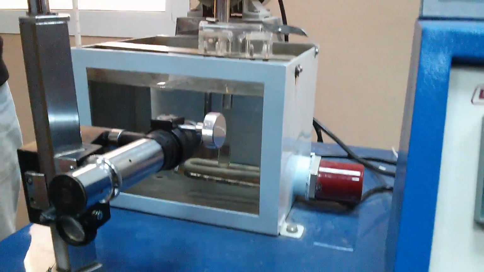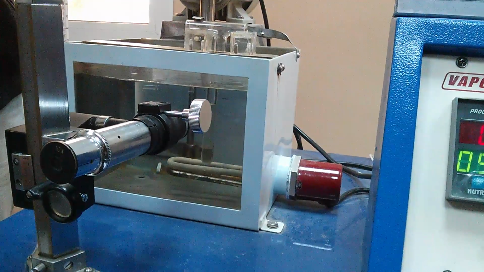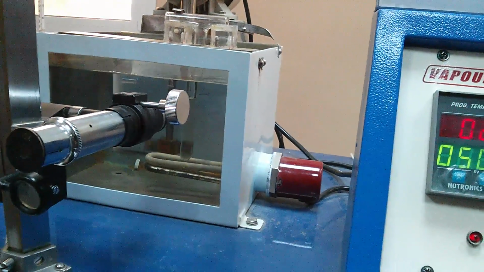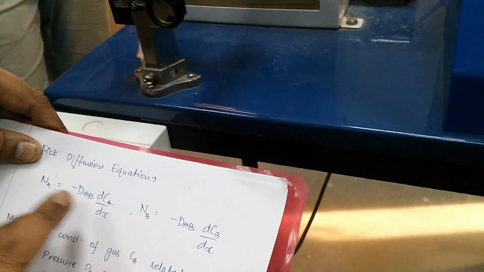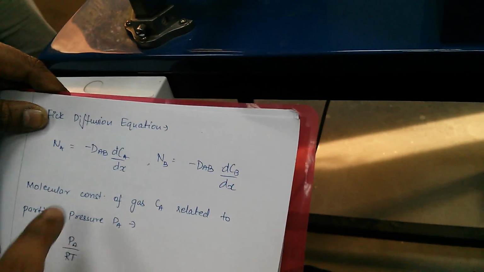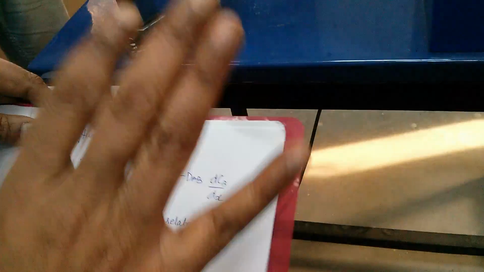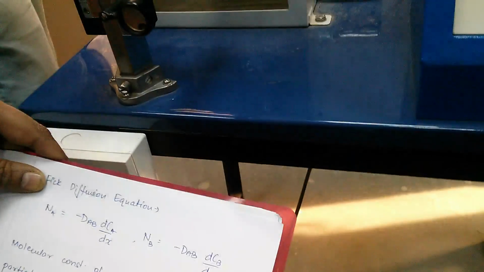So A is the liquid acetone and B is the surrounding atmospheric air. That rate is proportional to the concentration gradient dCA by dx. The purpose of this experiment is to find the diffusivity DAB.